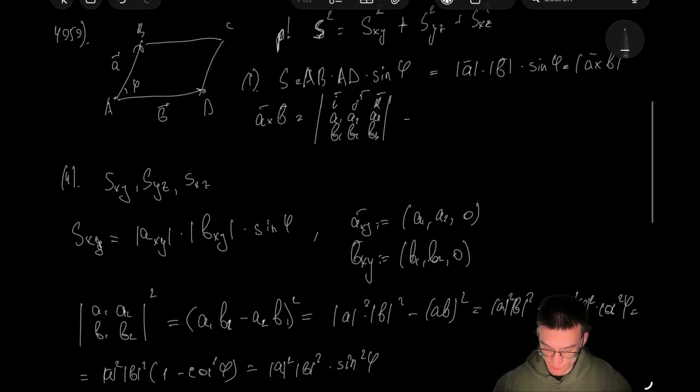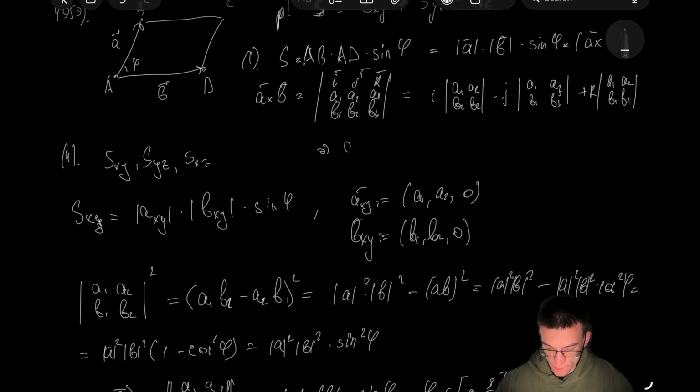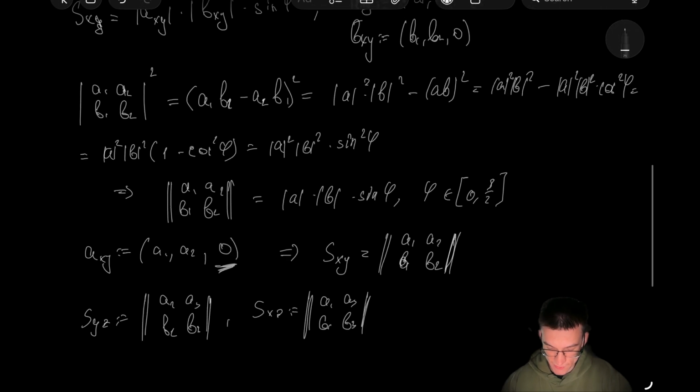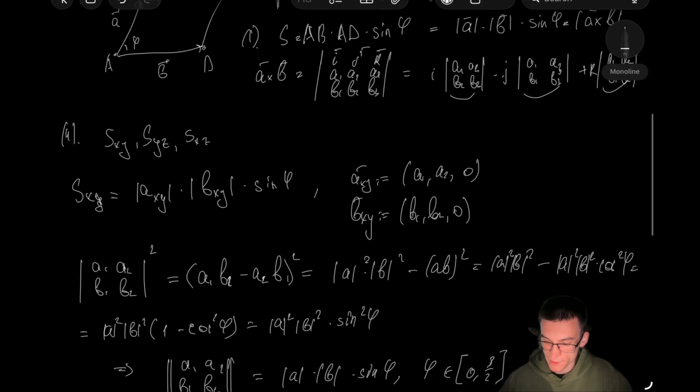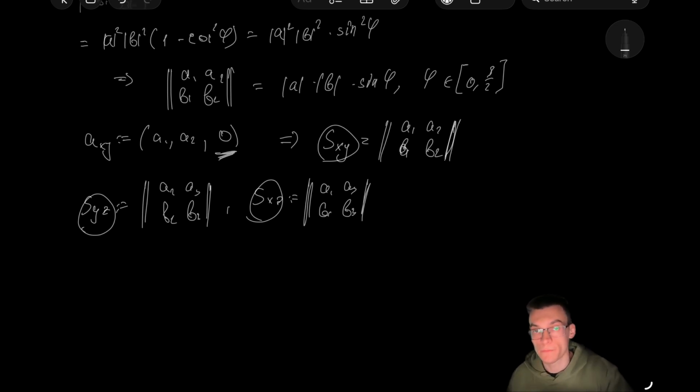And so, what is the cross product? The cross product is i times the determinant a2, a3, b2, b3, minus j times the determinant a1, a3, b1, b3, plus k times the determinant a1, a2, b1, b2. And therefore, the magnitude of this cross product is the square root of the sum of these squares, and these minors are exactly the projections of our area onto the corresponding planes.